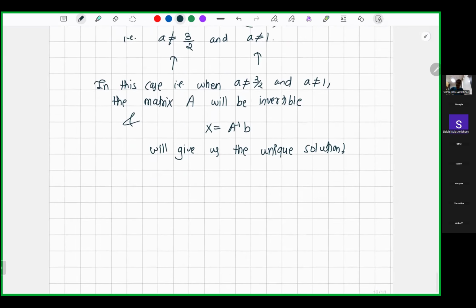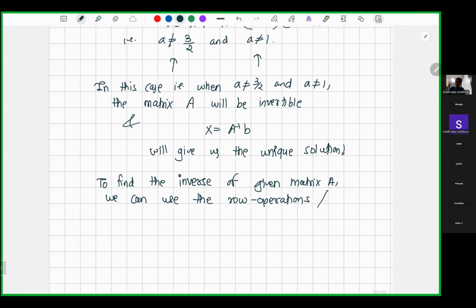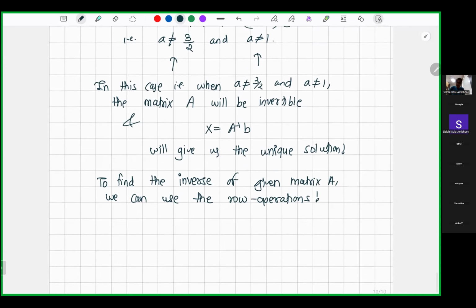So, to find the inverse of a given matrix A, we can use the row operations, not the Gauss elimination method. Yeah, row operations. And so you know how to do that, right?